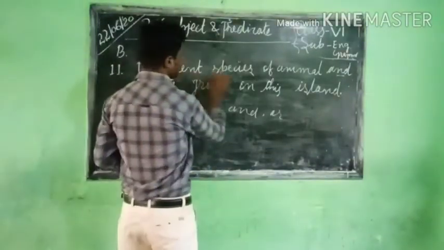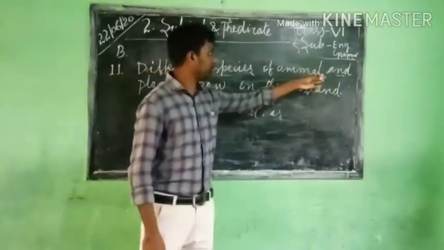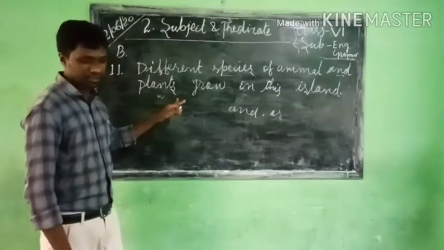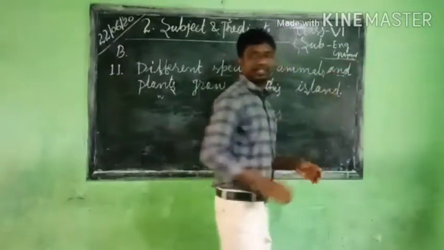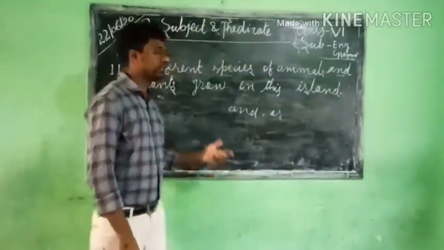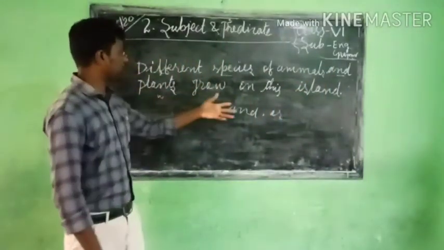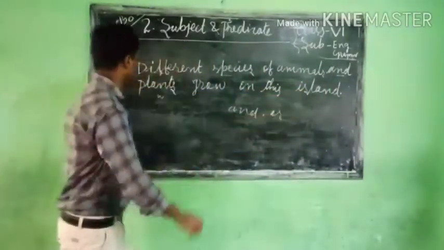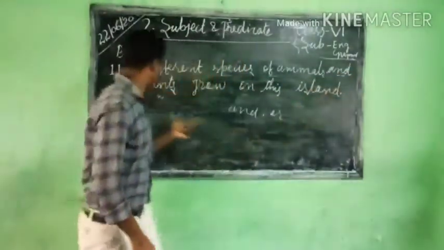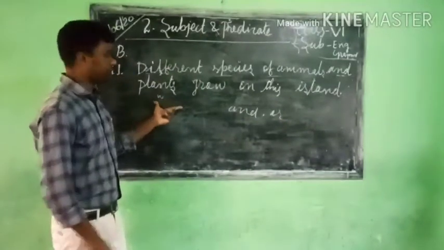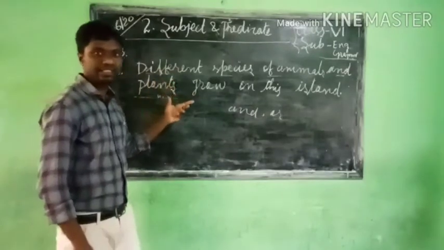Which one? Different species of animals and plants. Here S is there. So different species of animals and plants grow in this island. So this phrase, including that conjunction and this word, is the subject in number 11.